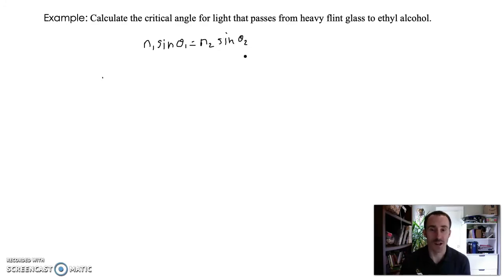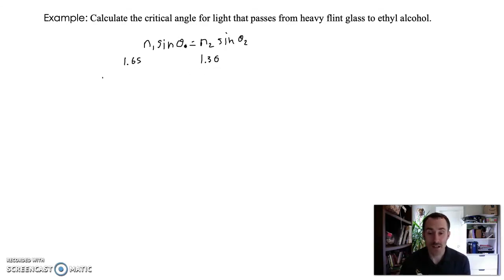That's real messy, but I hope you'll forgive me. Heavy flint glass to ethyl alcohol, we can just look up N1 and N2 on our formula sheet, and it turns out that it's 1.65 for heavy flint glass, and 1.36 for ethyl alcohol.